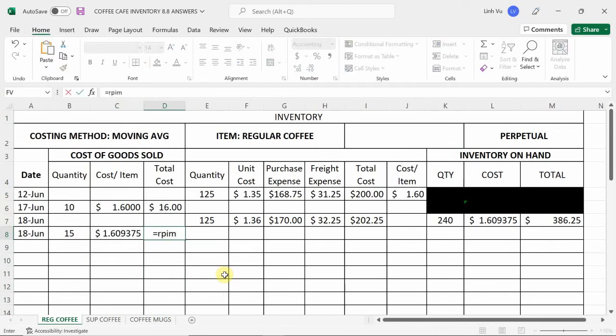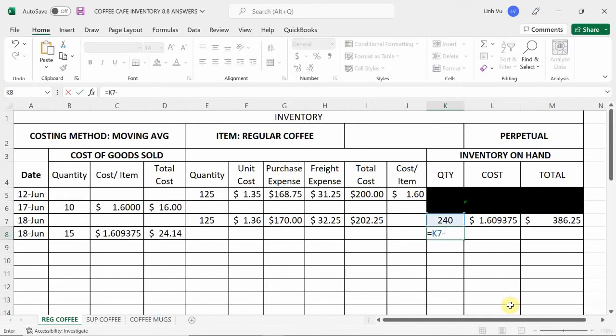So how much is it going to cost me to use 15 pounds at 1.609375? $24.14. Good. So let's adjust my inventory.